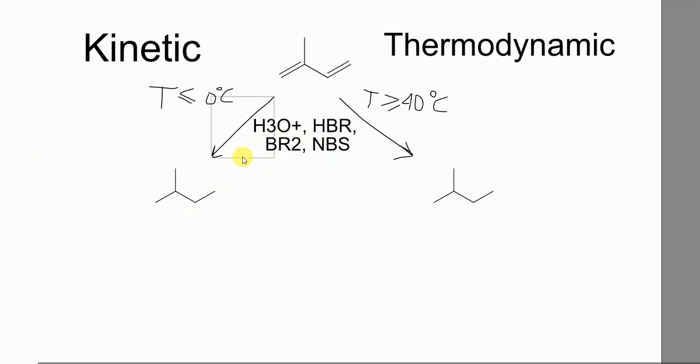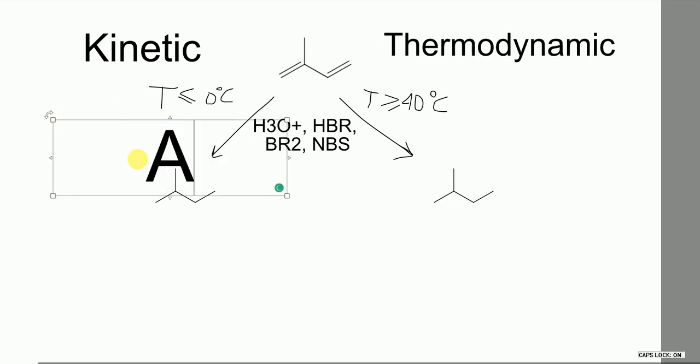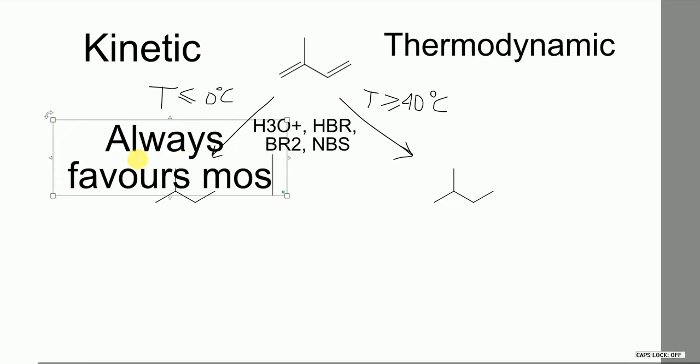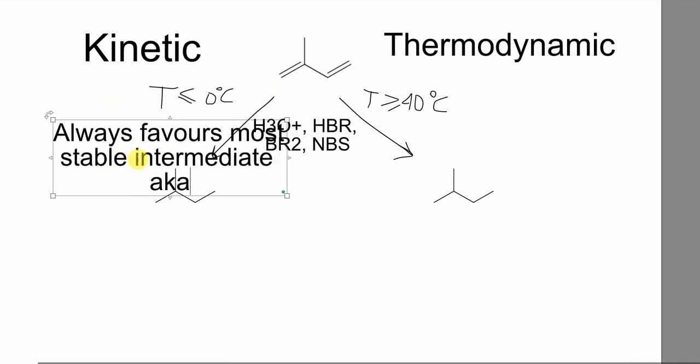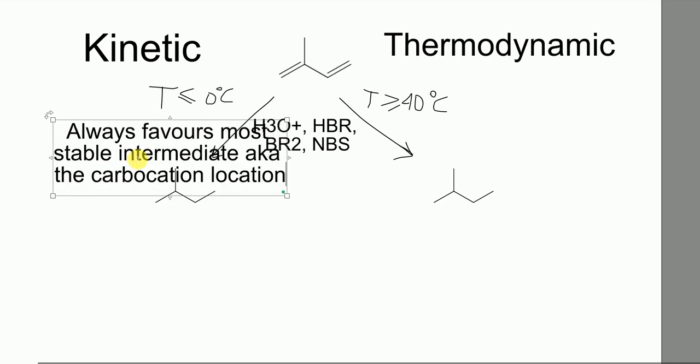And essentially, we're going to be looking at the formation of a carbocation, and how the location of that carbocation depends on the environment, right? Depending on the conditions. And what you need to know is that the kinetic product always favors the most stable carbocation location.